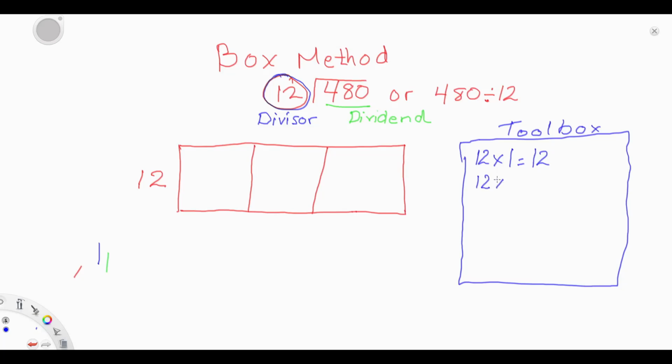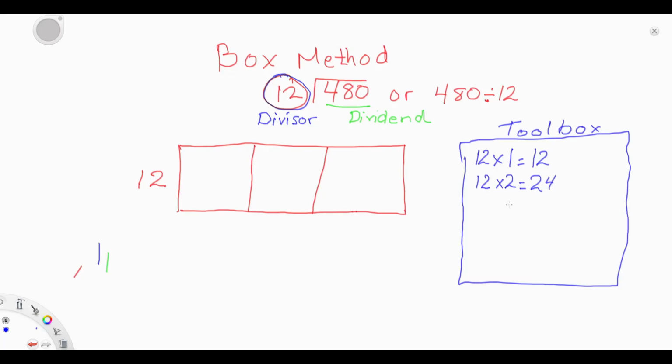The second factor, which is 1, in this case will change. Now, when you're creating a toolbox, I want you to keep this in mind. Double the factor, double the product. So double 1 is 2. So since I doubled my factor, I'm going to double my product, 24.